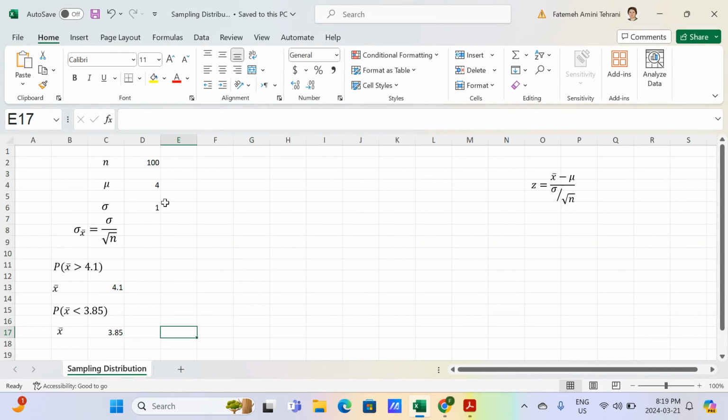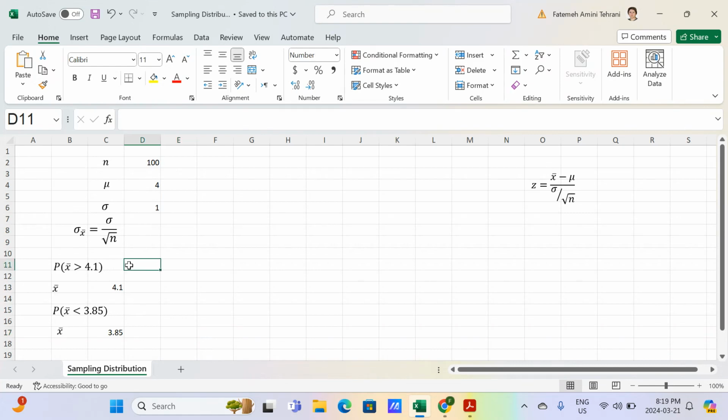Look at here, it's the Excel file for this question. We have a sample size of 100. Population mean is 4. Sigma, population standard deviation, is 1. And I'm looking for P of x bar more than 4.1. So to find P of x bar more than 4.1, I need the area of the red part.